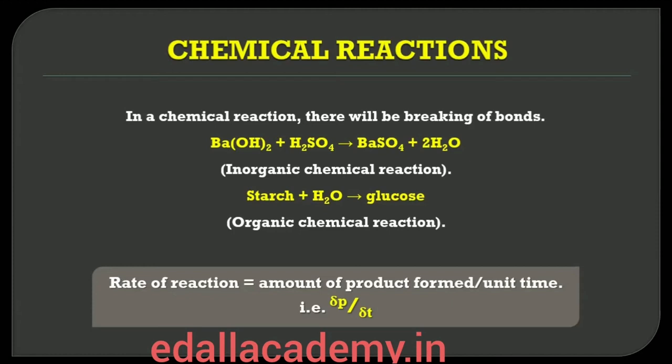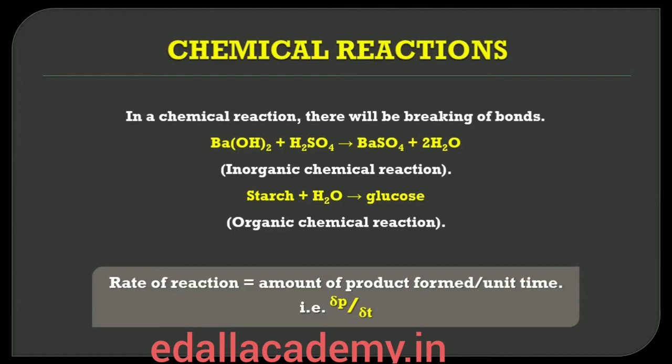For example, here one of the equations is given: barium chloride with hydrogen sulfide gives barium sulfate and water. So that is one of the reactions given. It is an inorganic chemical reaction. Similarly, hydrolysis of starch into glucose is an organic chemical reaction.